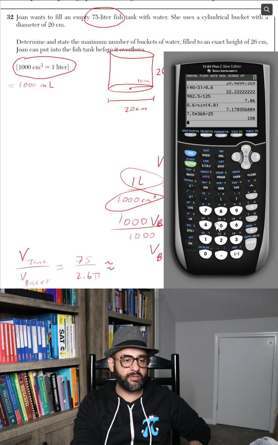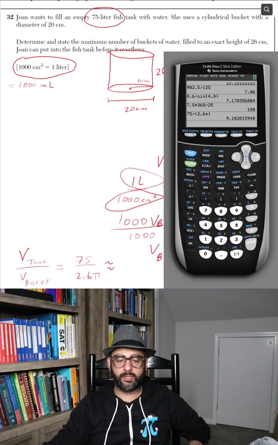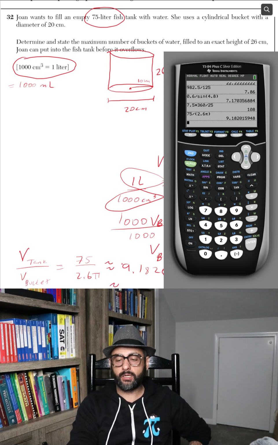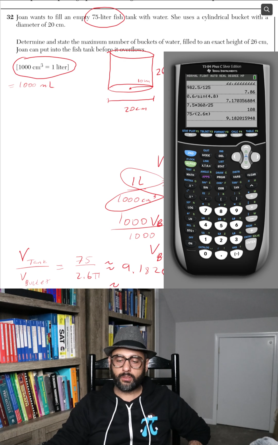Let's see, 75 divided by, parentheses, 2.6 pi. Another error that's common for students, rearing its head. A lot of students just don't put the parentheses in the denominator, but they are required. And they get around 9.182015948.